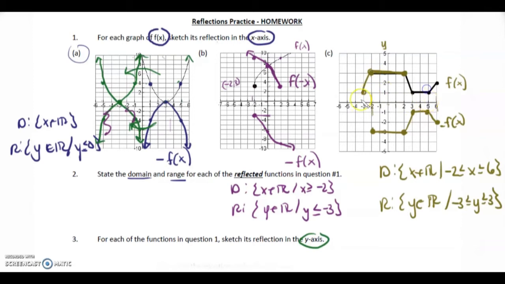Instead of (5, 1), we're going to go (-5, 1). And instead of (6, 2), we're going to go (-6, 2). So this function here is going to be f of negative x. Okay, correction here. (-3, 1), sorry. I was looking at the original. So this goes to 1.